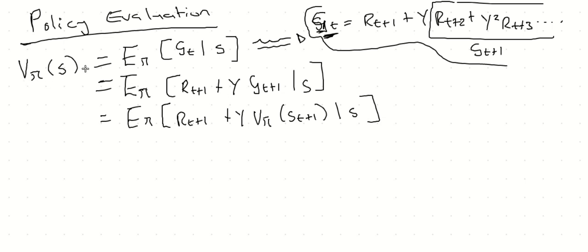Because we said V pi of S is the expectation of G_t, how good it is to be in a particular state. So we can replace G_{t+1} with V pi of S_{t+1} in this expectation.